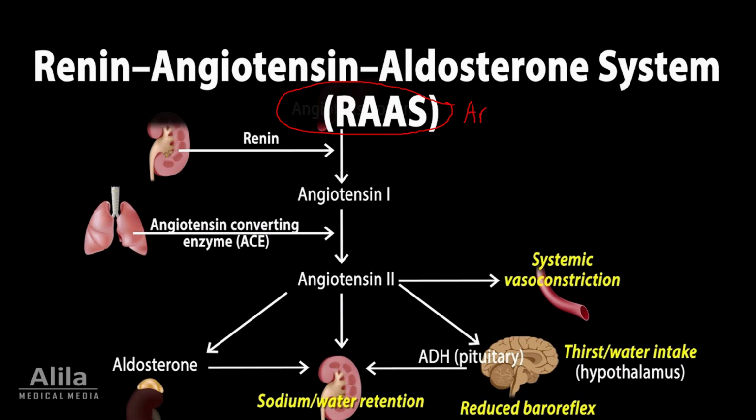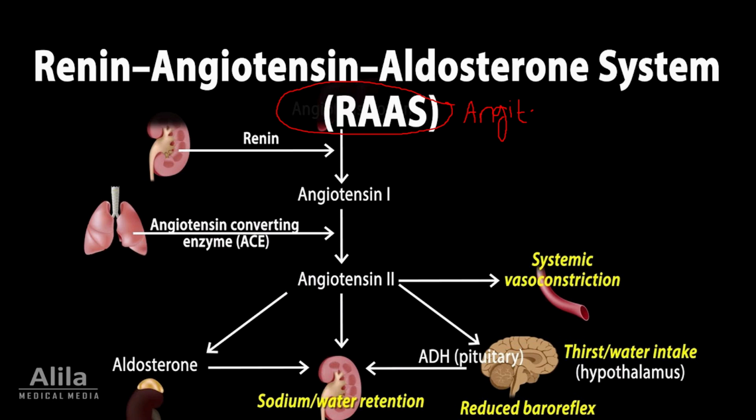Angiotensinogen is released from the liver. Once the liver started releasing angiotensinogen, the kidney has juxtaglomerular cells. So the juxtaglomerular cells started secreting prorenin.